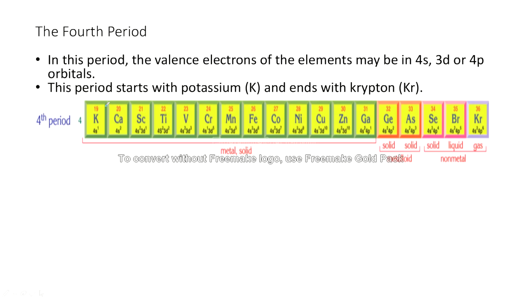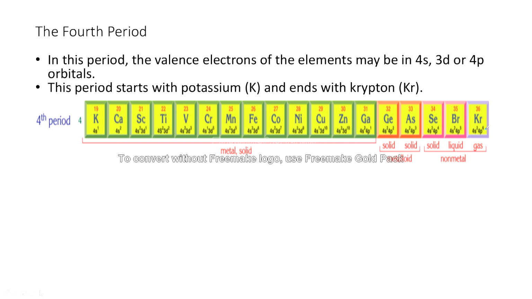In the 4th period, the valence electrons may be in 4s, 3d, or 4p orbitals. This period starts with potassium and ends with krypton. Now we are busy with the 4th period.